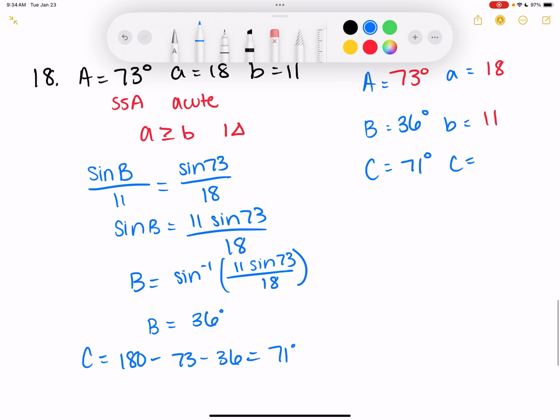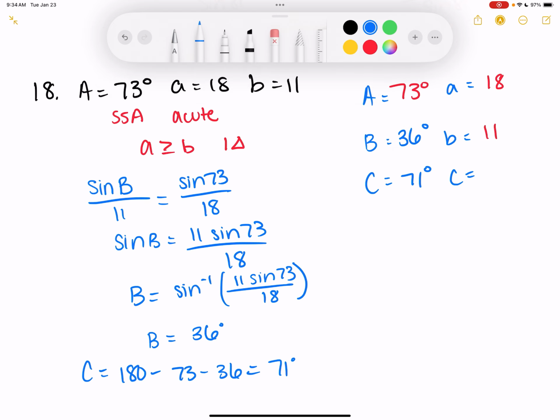All right, so now I combine side C, so C over the sine of 71 is equal to 18 over the sine of 73.